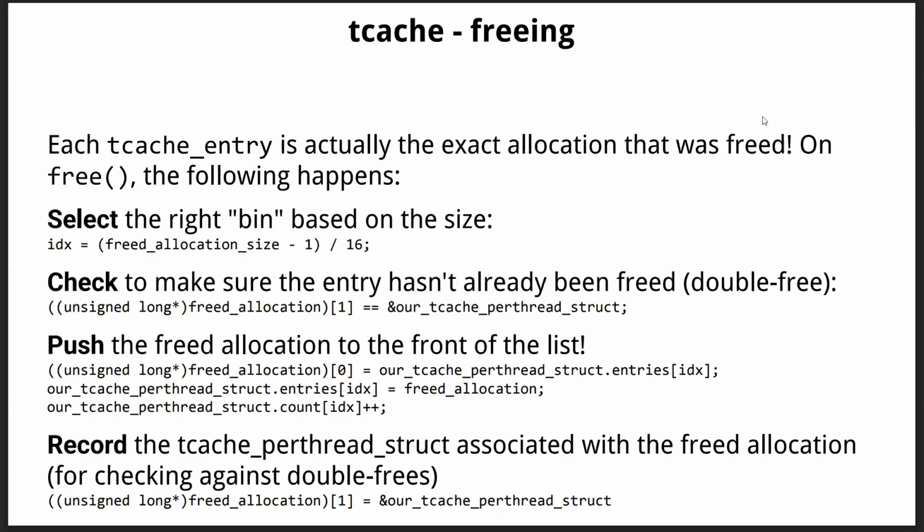Then the head will point to our current malloc chunk. Then we increment the count. That's it. Okay. So we inserted that at the beginning of the head. After that, we will change the key field to the pthread structure.